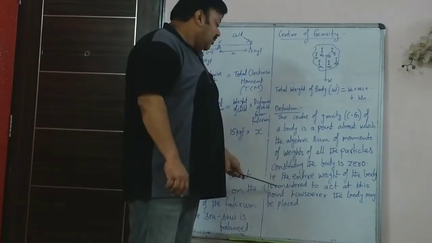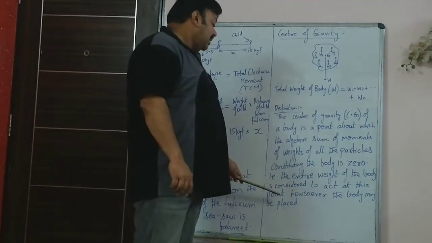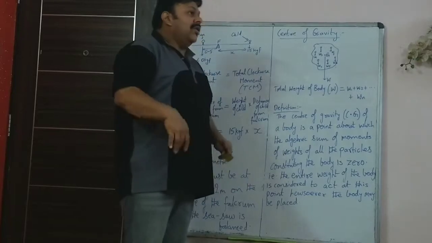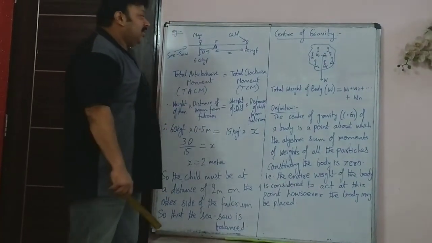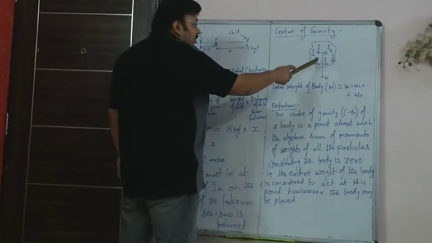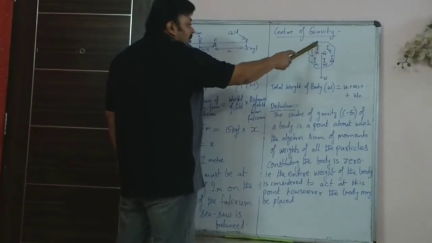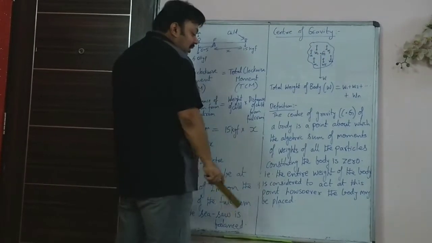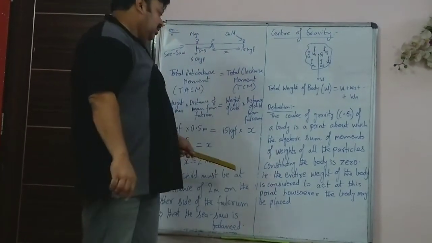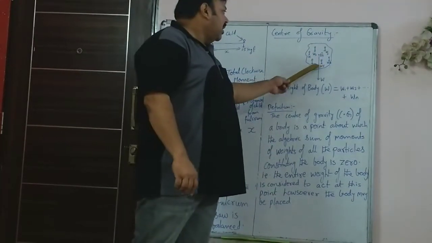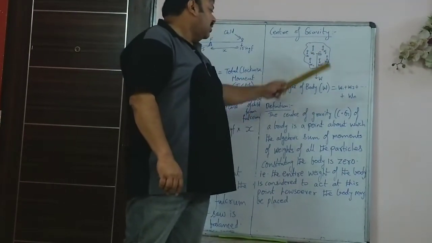That is, the entire weight of the body is considered to act at this point, however that object may be placed. So there are many different weights, and the entire weight of the body seems to act through that point.